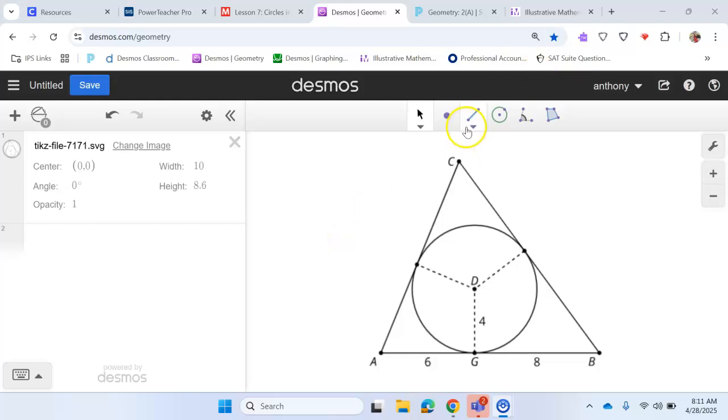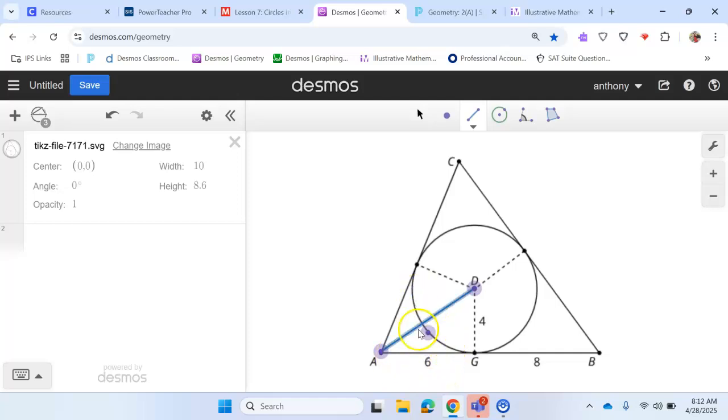To find the measure of angle A, we would create a segment AD, dividing it into 2 right triangles. Half of angle A would be the arctan, which would be opposite divided by adjacent. 4 divided by 6 is 2/3.